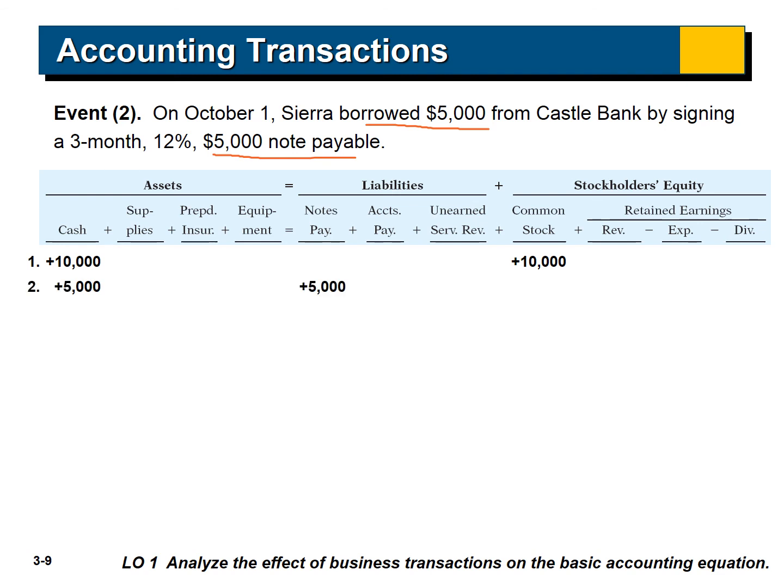So my cash goes up by 5,000, and I owe 5,000 more, so what I owe increases. A lot of people think, well, wouldn't that be notes payable going down because I owe that money? No, it's increasing what I owe. It's an increase of what I owe.